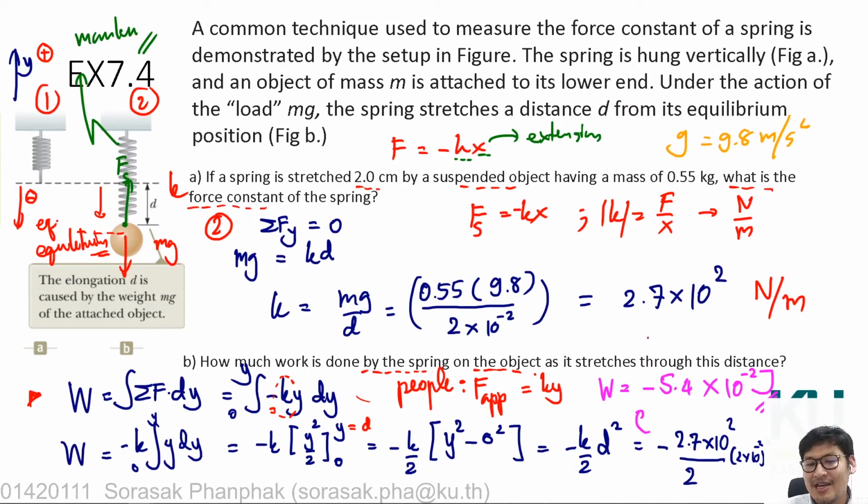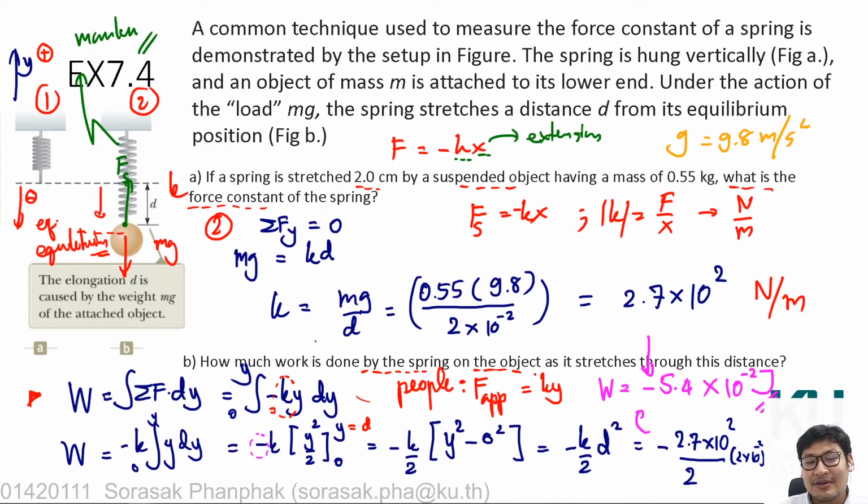The minus sign here tells that this is what is done by the spring, not by the people who try to pull the object away to have a distance d. Because if you substitute ky into the integration, you no longer have this minus sign.